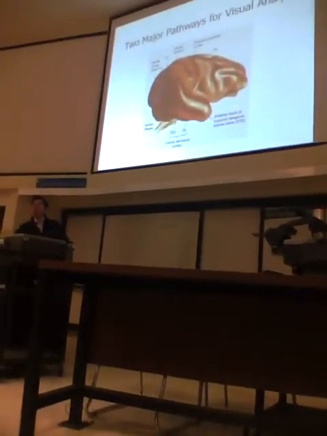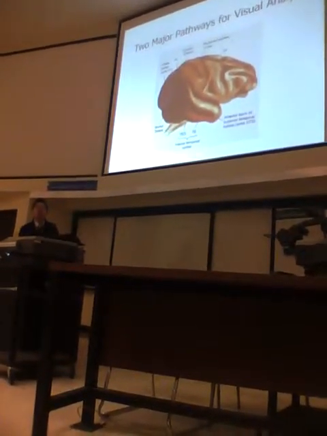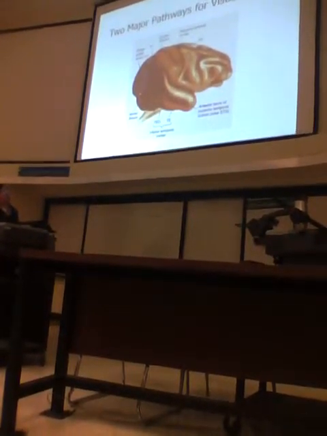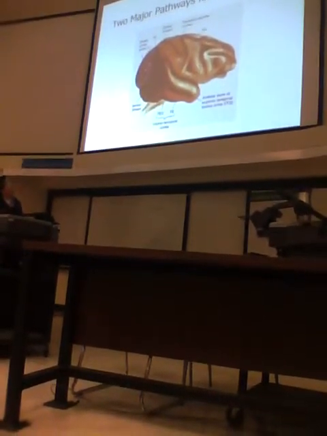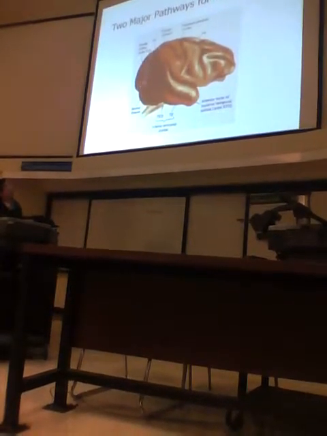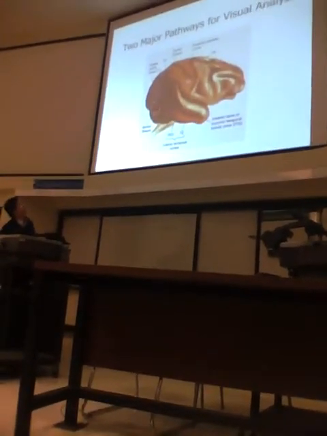Now, years ago, neuroscientists using monkeys were able to elucidate two major visual pathways. Both start out in V1 and then progress anteriorly.